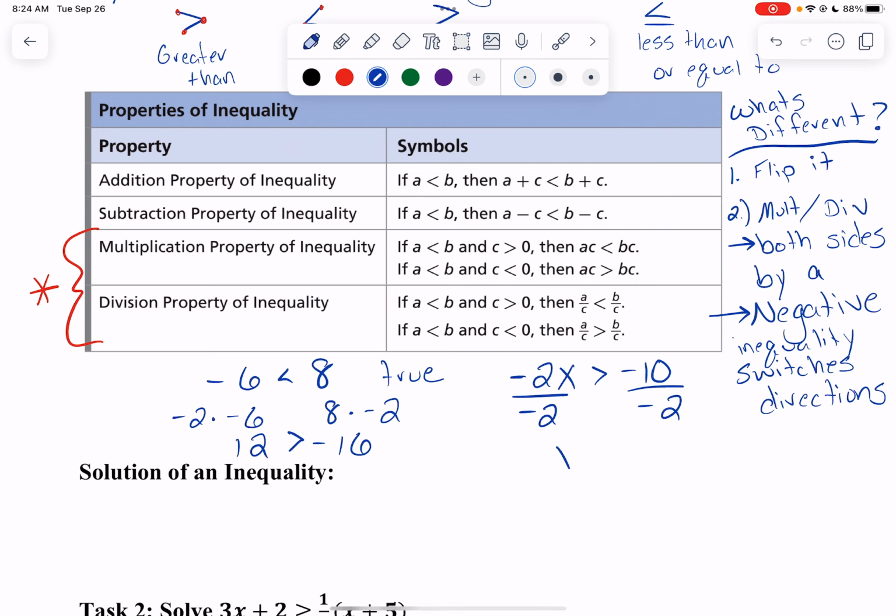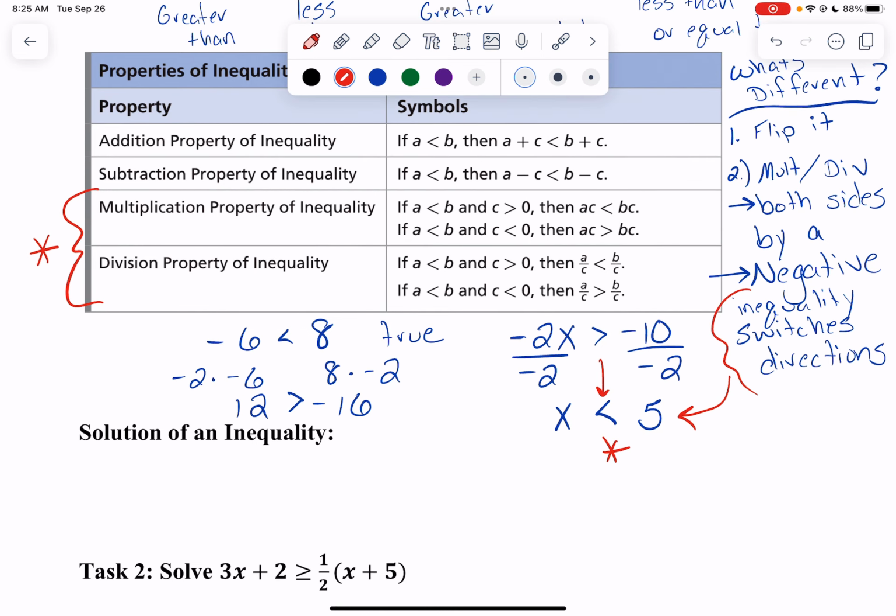So now this right side becomes positive. The left side also becomes positive. So now the side that's bigger isn't bigger anymore. So my inequality has to switch. Your inequality has to switch directions if you divide or multiply both sides by a negative.